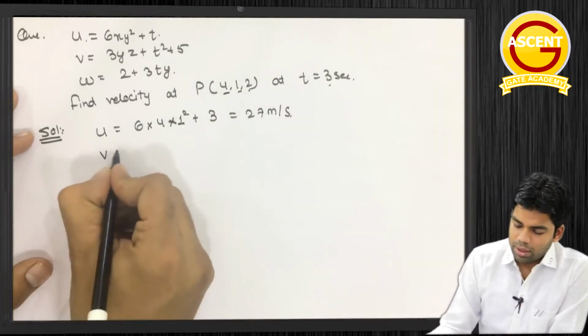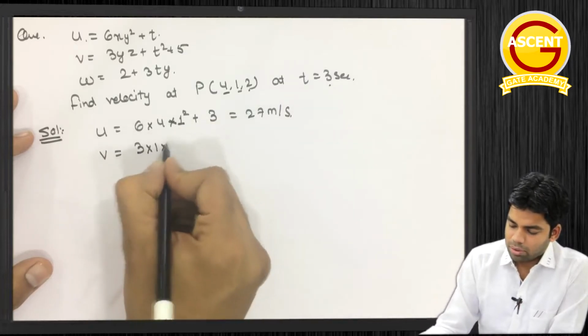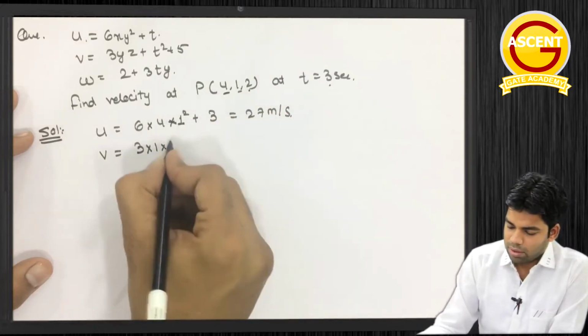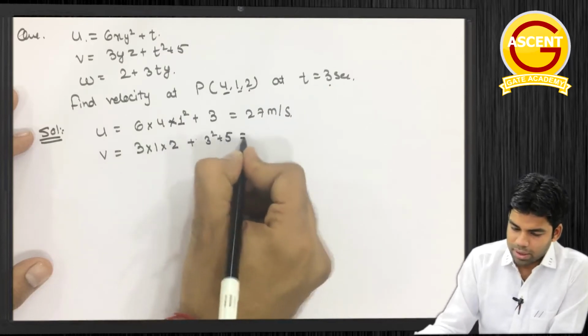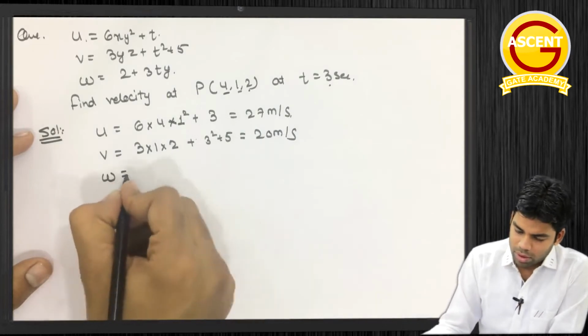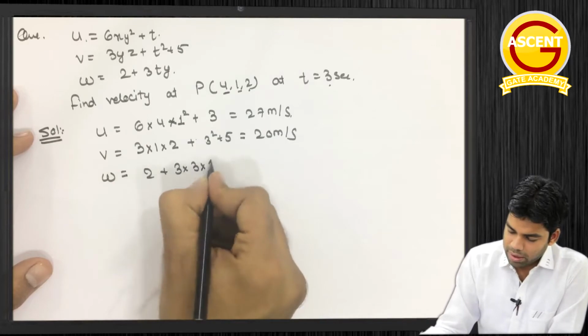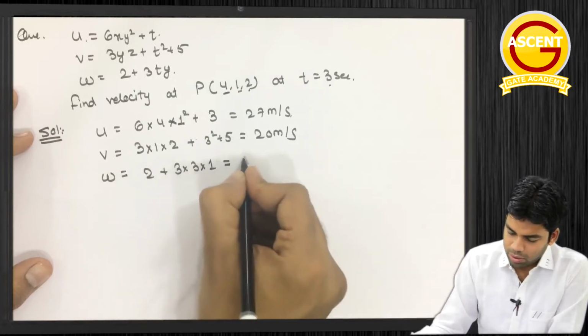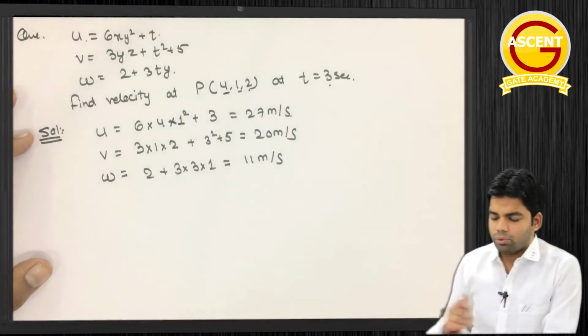Now v is equal to 3 into y into z, which is 1 into 2, plus 3 square plus 5, which is equal to 20 meter per second, and w is equal to 2 plus 3 into 1 into 3, which is equal to 11 meter per second. So these are the values of u, v and w.